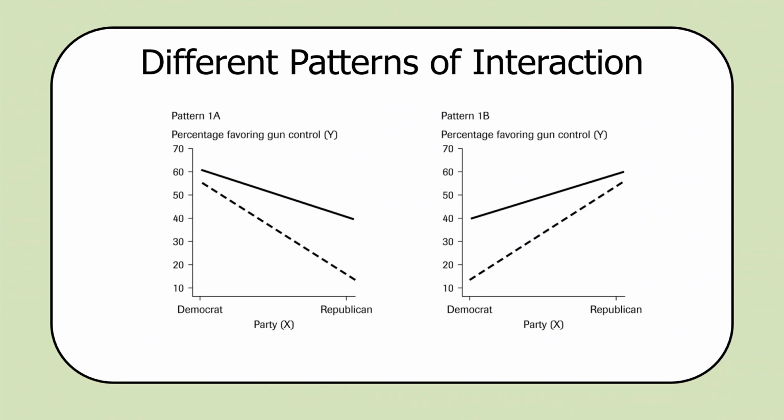For one value of Z, the effect of X on Y is weaker than for another value of Z. This would be like a negative sloping representation of that fact. And so the effect of Z on Y differs as well, depending on where you are on X. A small difference here, big difference here. So we have lines sloping in the same direction, but the strength is much different.